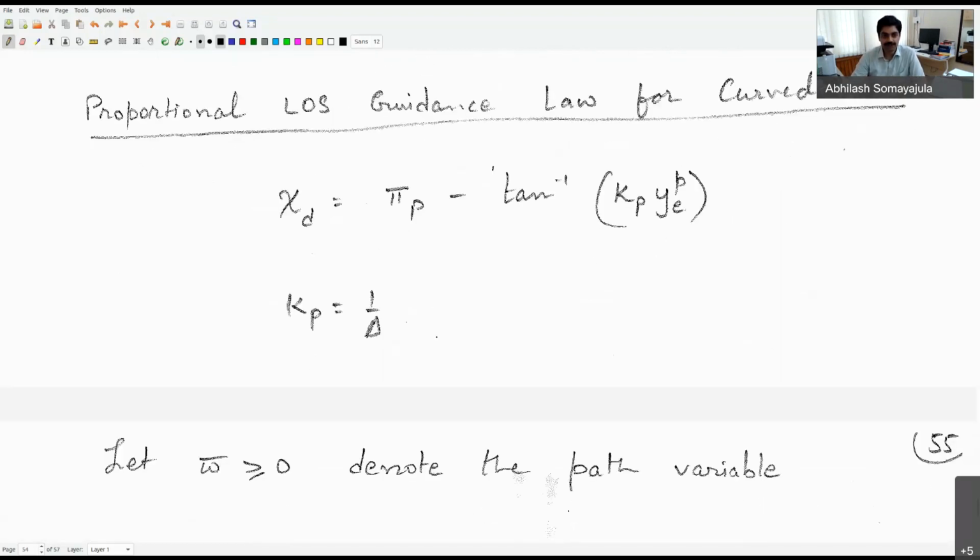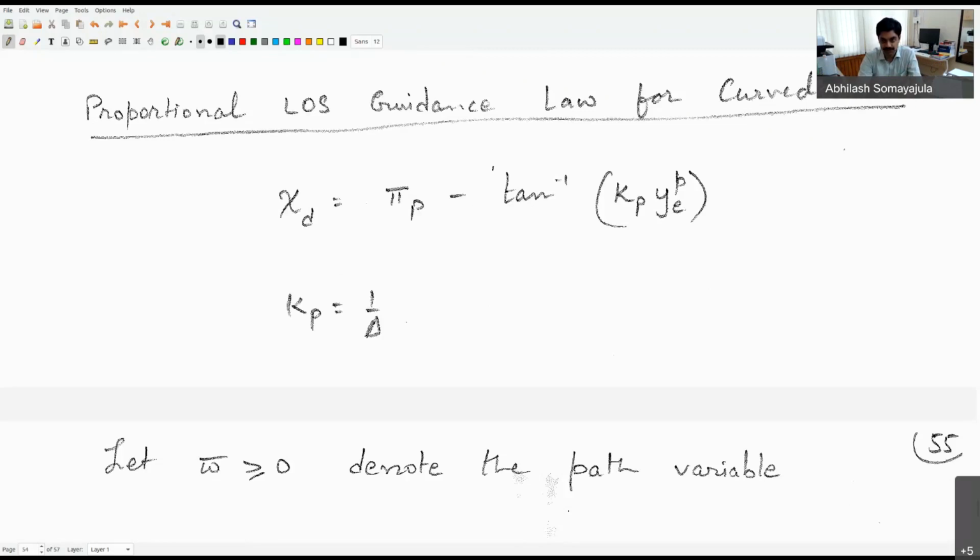Okay, so now we come to the last portion of our discussion on guidance. We had looked previously at the proportional line of sight guidance law for straight line paths. We'll now extend it to curved paths. So far, when we talked about curved paths, we discussed how to generate them.